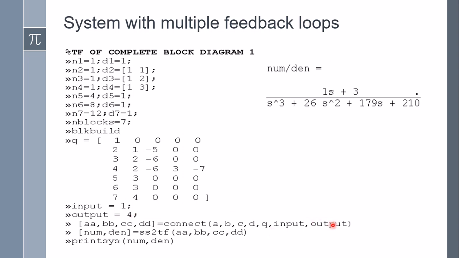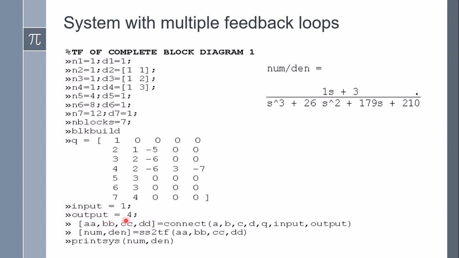It will calculate the ABCD variables, that is the state space matrix of the resultant system. So the resultant system will be a state space matrix like this.